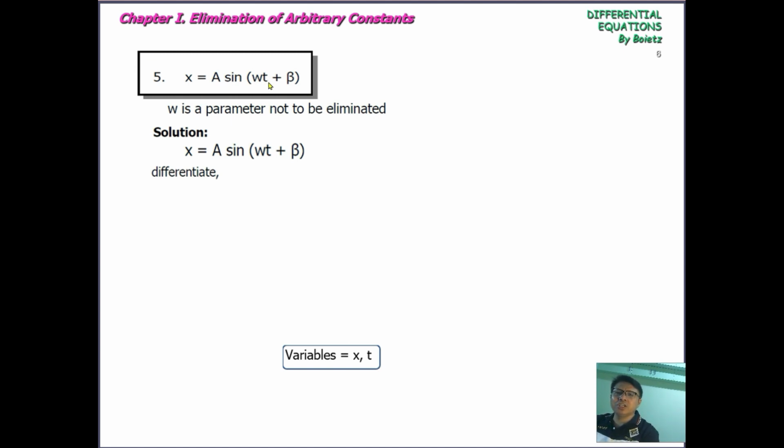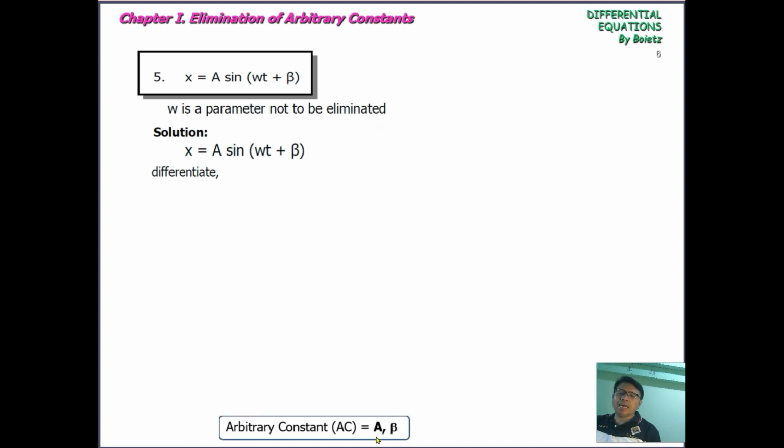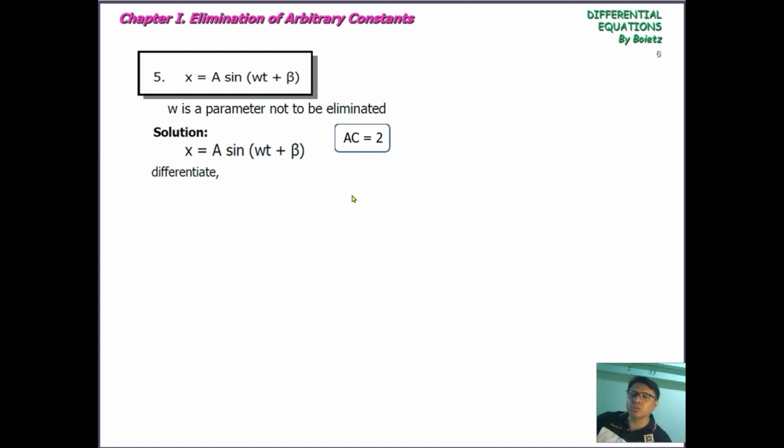Then since parameter na yung W, fix siya, hindi mo siya i-eliminate. Then ang magiging arbitrary constant mo, yung A tsaka yung beta. So you have two arbitrary constants, A tsaka yung beta. Therefore, you will differentiate this twice. Dalawa kasi yung arbitrary constant. Kung ilan yung arbitrary constant, ganun ka rin kadaming magdi-differentiate.